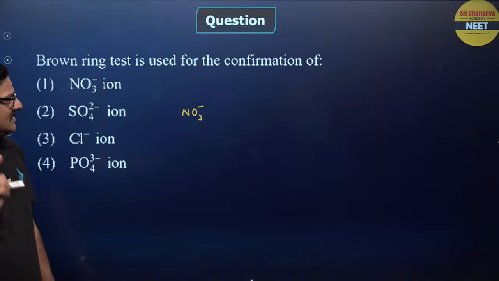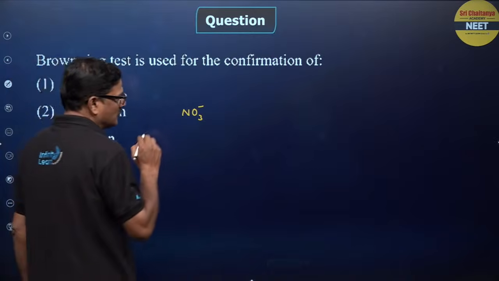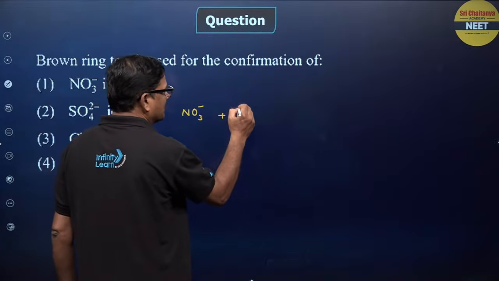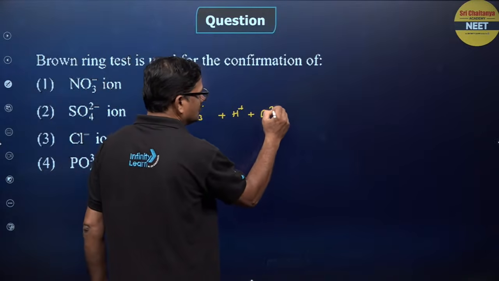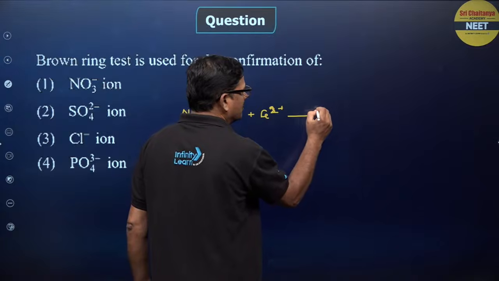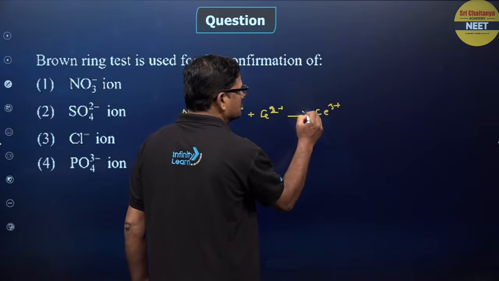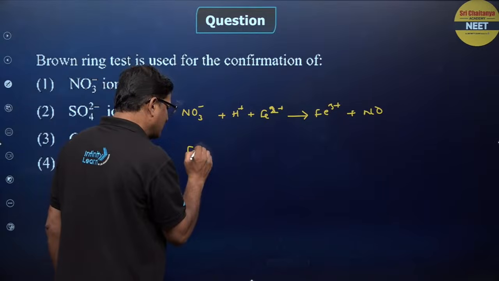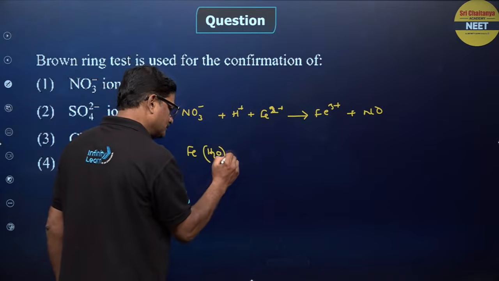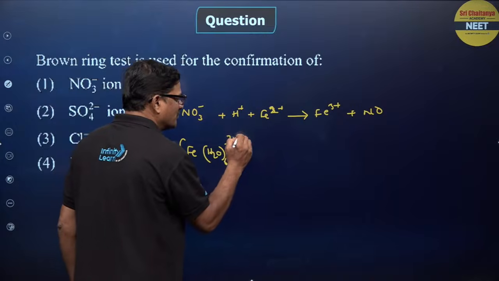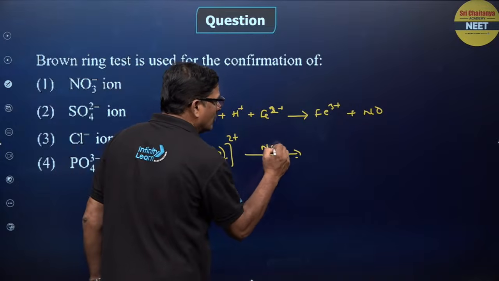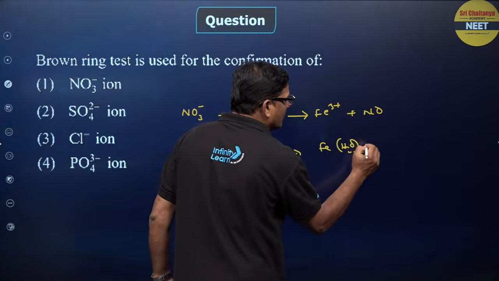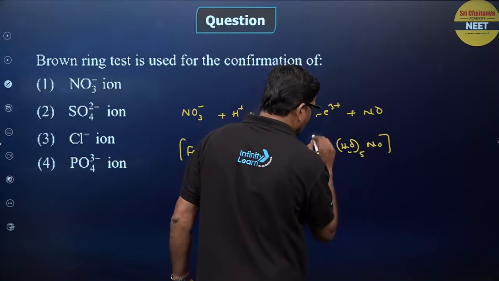Nitrate ion has an ability to convert Fe2+ to Fe3+, and it will be NO. And hydrated Fe2+, and with NO you are going to get [Fe(H2O)5NO]2+.